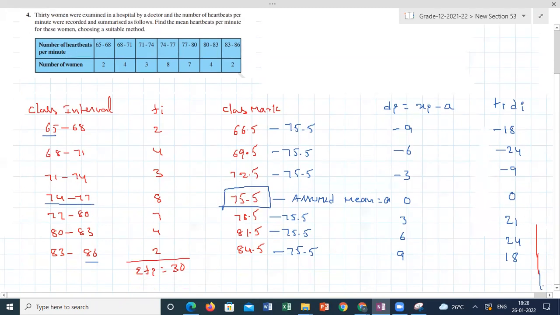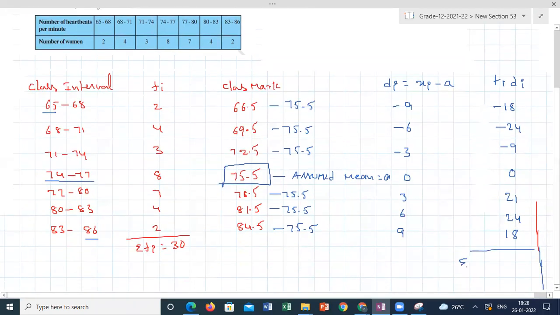Now calculate sigma fi di. 18 and 18 cancel, 24 and 24 cancel, 21 minus 9 is 12. Is it clear, students? What is the answer you got?